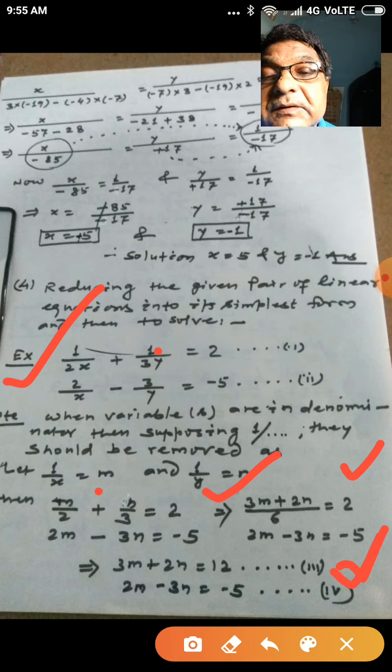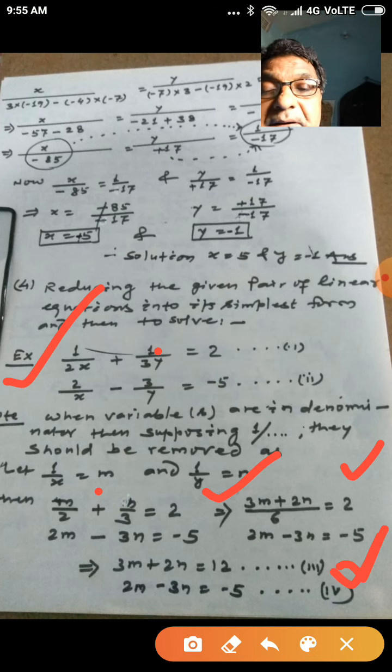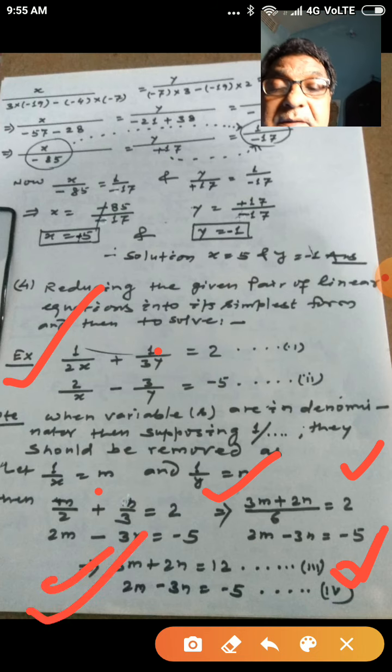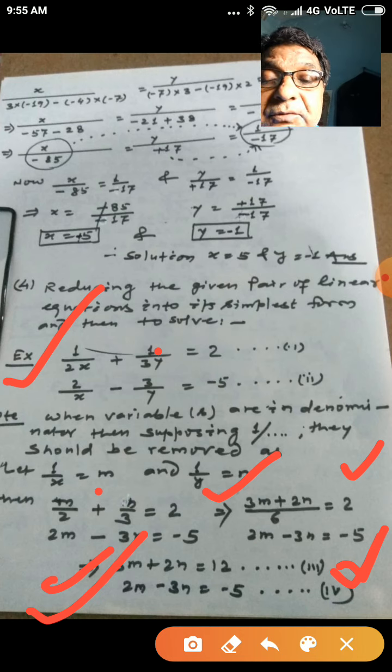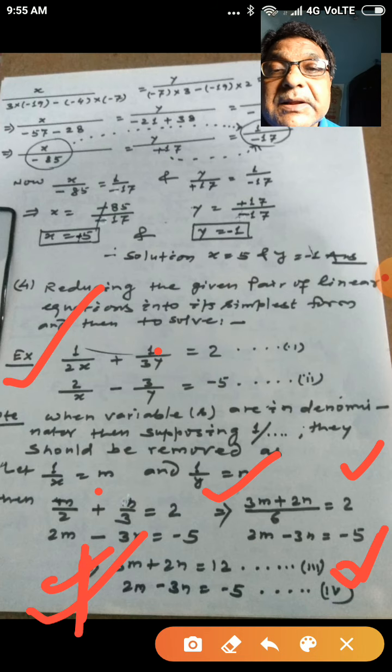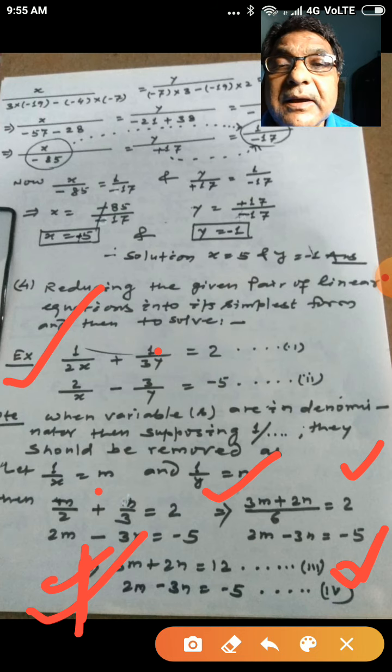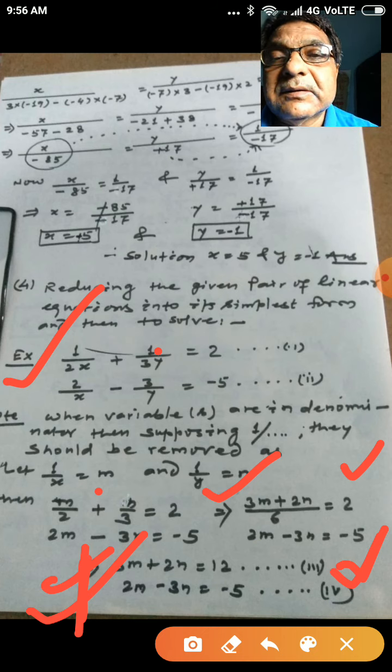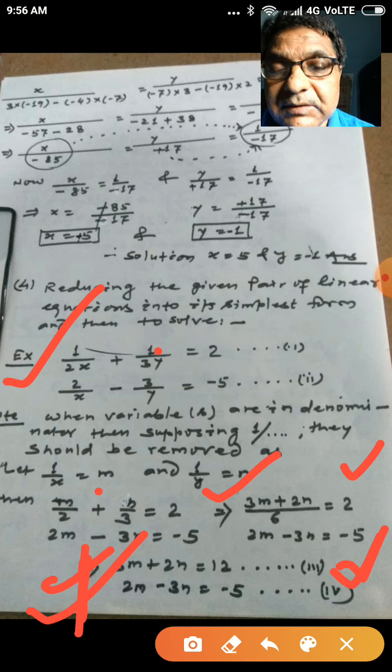Now you see what the difference is. The difference is that our question had variables x and y, but here we got a pair that contains the variables m and n. So now these two equations are in the simplest form, that is, the common form of linear equations in two variables. So we can solve these two equations by any of the easier methods out of the four methods which we have discussed till now, that are the graphical method, substitution method, elimination method and cross multiplication method.